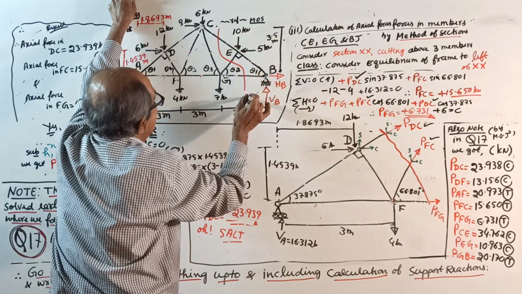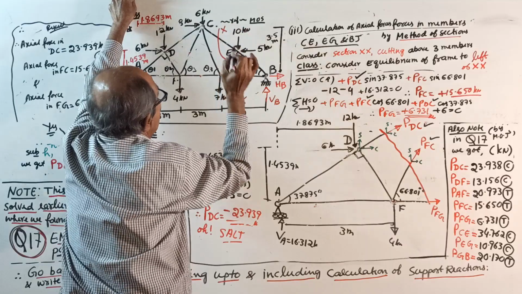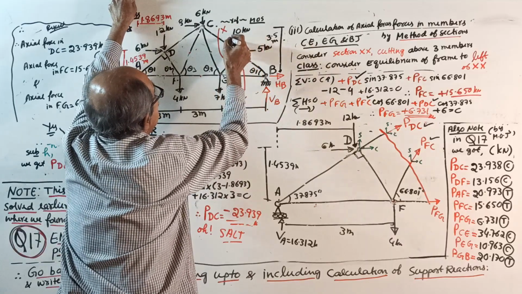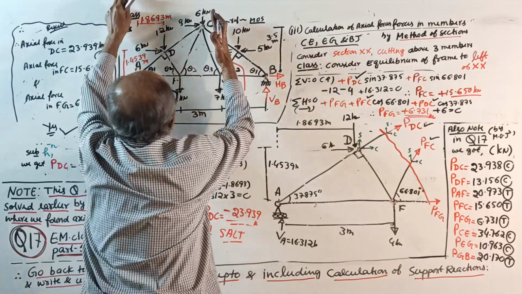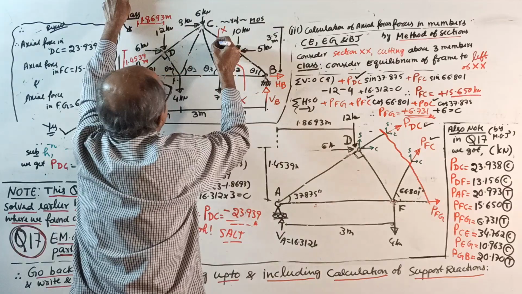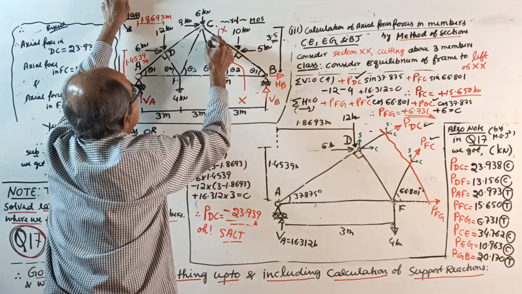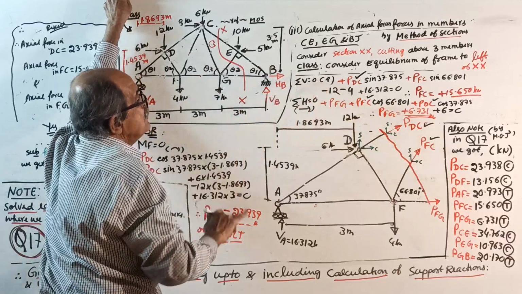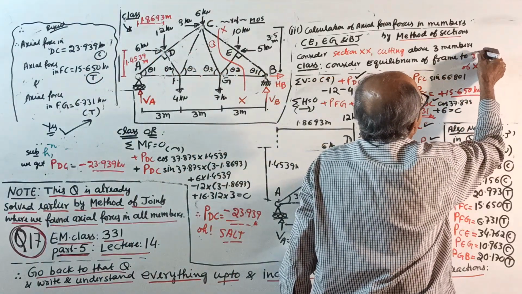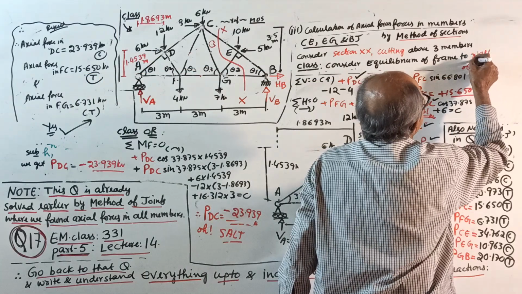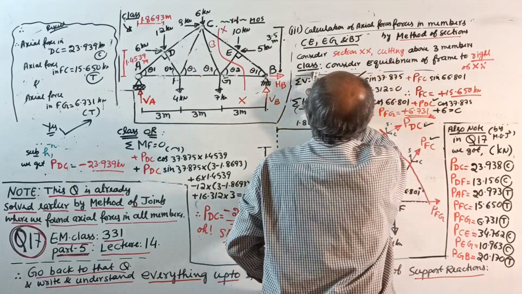Okay, no problem. XX. Now it is better to look at which side? Not the left side, because on the left side too many things are there. Now better look at the right side. For the frame part, consider equilibrium to the right of XX. Why right? I told in the class.